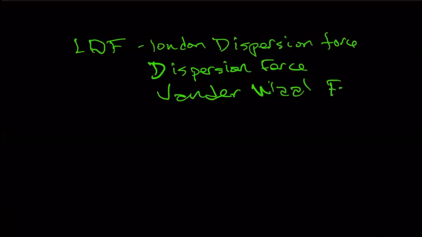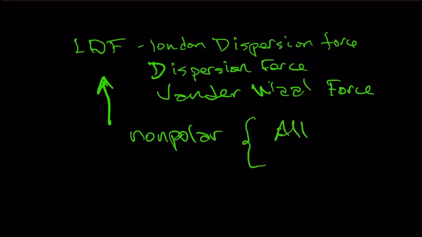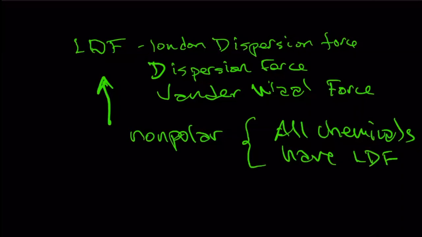This force is prevalent for nonpolar chemicals, but all chemicals have London dispersion force. And the reason why all chemicals have London dispersion force is because all chemicals have electrons.